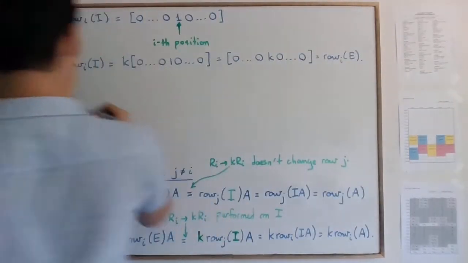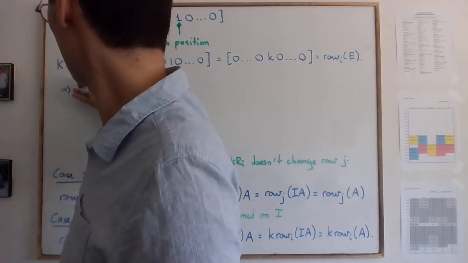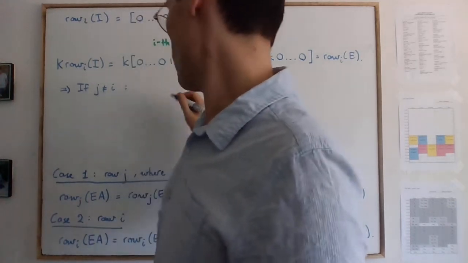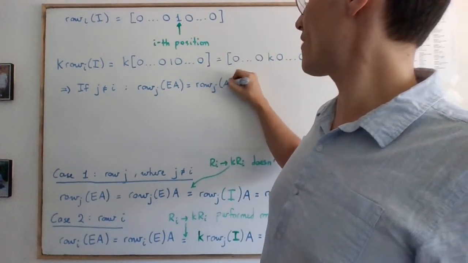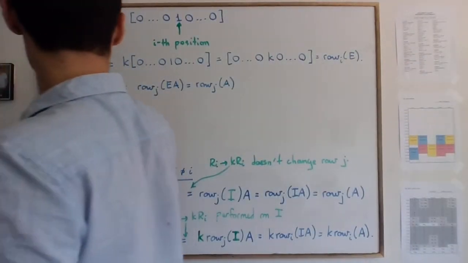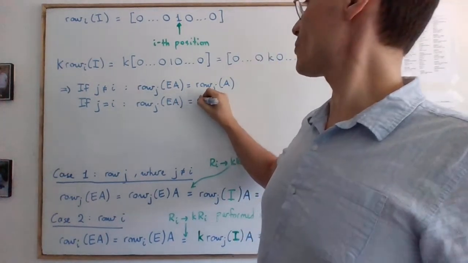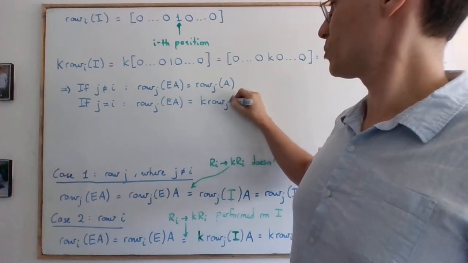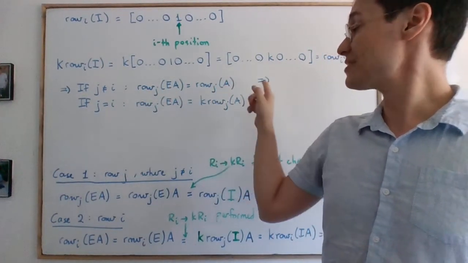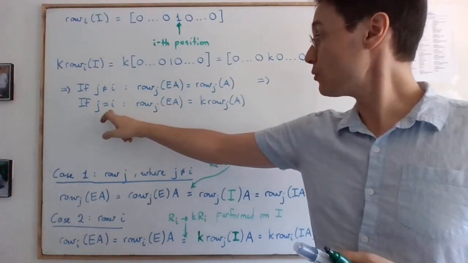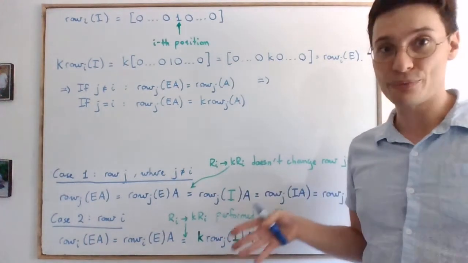So again, let's summarize. If j is not equal to i, we have that the row j of EA is equal to the row j of A. And if j is exactly equal to i, we have that the row j of EA is k times the row j of A. From there we can conclude that EA has the same rows as A, except the ith row, for which it's k times the row of A. So we obtained EA from A with the single row operation that scales its ith row by a factor of k.